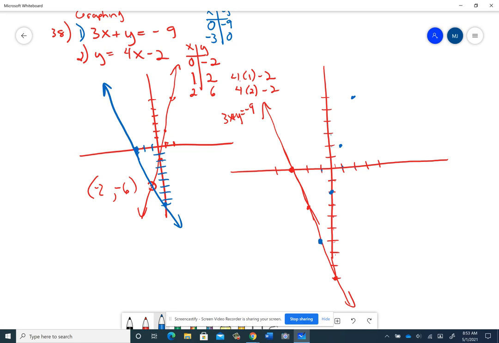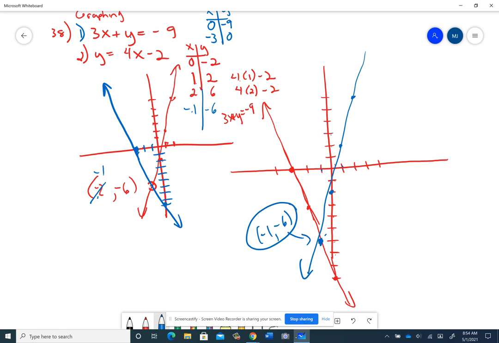And then I thought I would find some that are a little further to the left since I was having a hard time identifying the intersection point. I thought it was negative 2, 6, but it turned out to be negative 1, negative 6. Okay, it was really here. So I just went down a little further with it, tried some others so I could get that line drawn better. And it was really not at negative 2, it was at negative 1, negative 6. Okay, and then that's the solution right there.